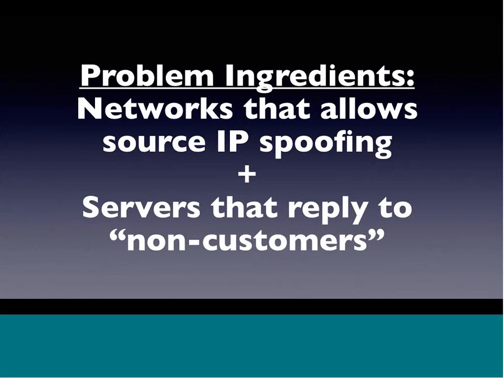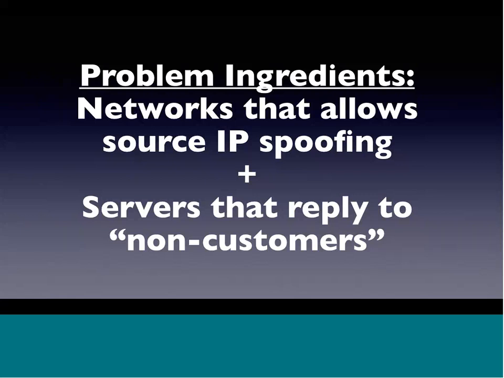So first off, what is source IP spoofing? Source IP spoofing is me sending a bit of traffic out saying, hey, I'm Ellie. But that traffic that goes out from my computer is going to go through my ISP, and my ISP should know whether or not Ellie is a customer.